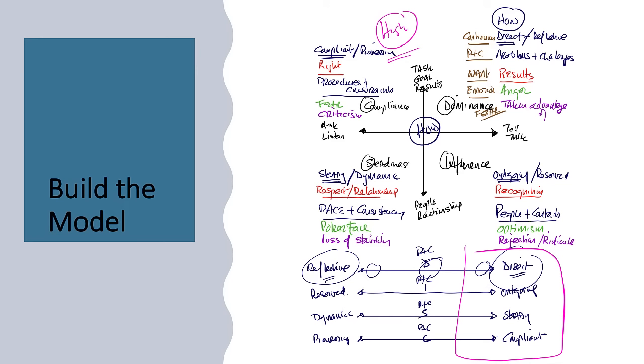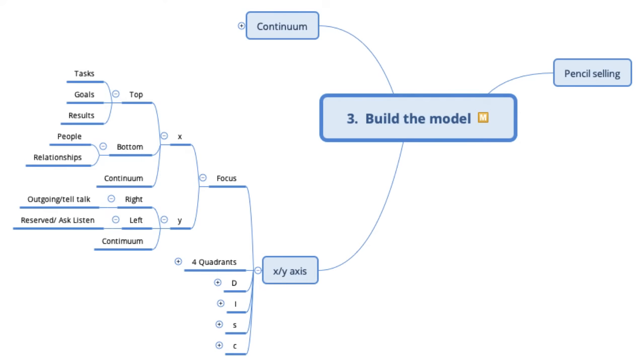The first thing I do when I build a model is I draw the XY axis. And I say to the client, have you ever noticed how some people are more focused on results? I put that on the top of the axis, and on the bottom, on the vertical axis, I say other people are more focused on relationships and people. Have you ever noticed that?